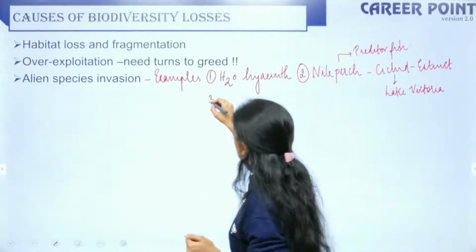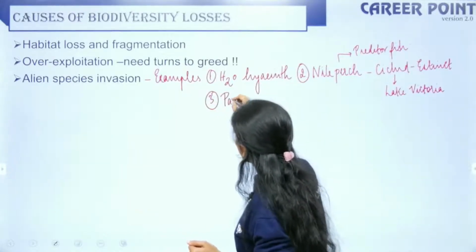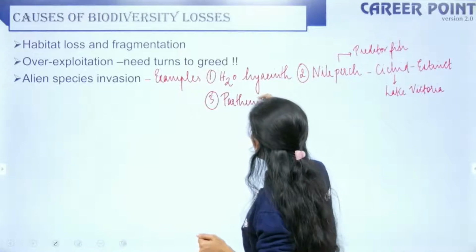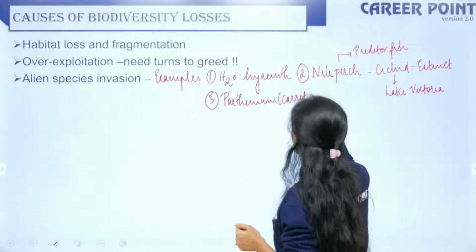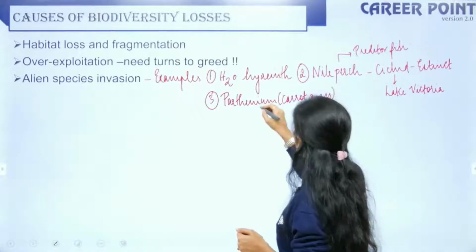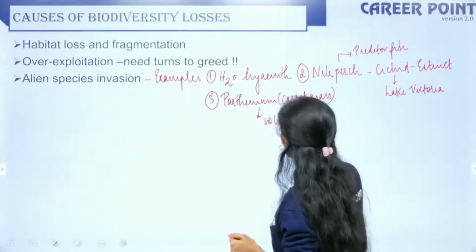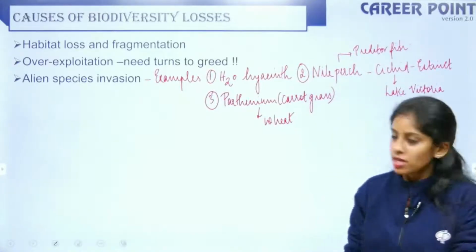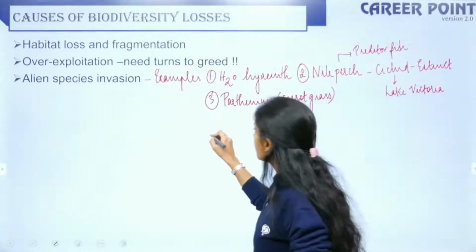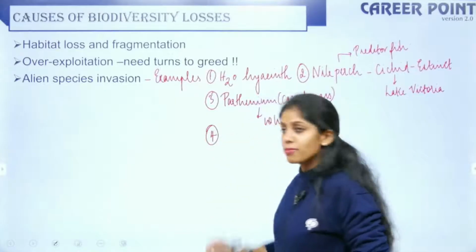So, I will give you one more example also. You have Parthenium. Parthenium is carrot grass. It is a weed that grows along with wheat, thus eliminating other possible herbs and shrubs. Okay, so this is Parthenium. And number 4, you have one more thing.